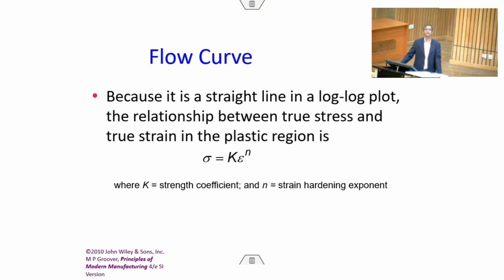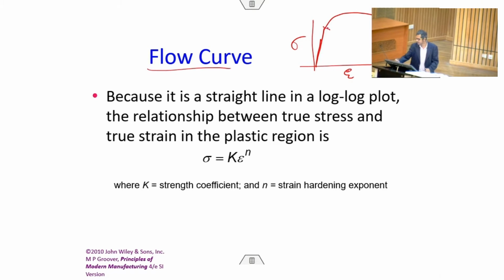Because that gives you the equation of the deformation curve in the plastic region, what is known as the flow curve. So, the flow curve is what you see in this plot, stress versus strain, the elastic portion, then your plastic portion.